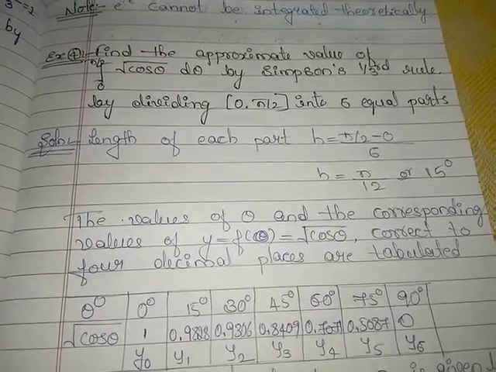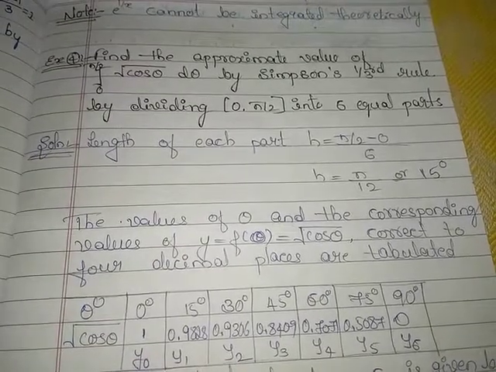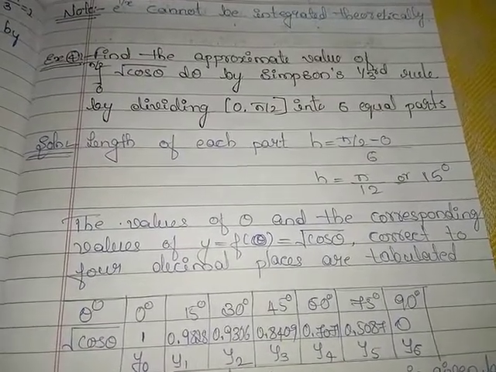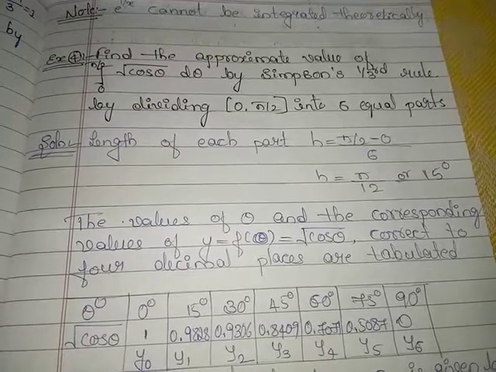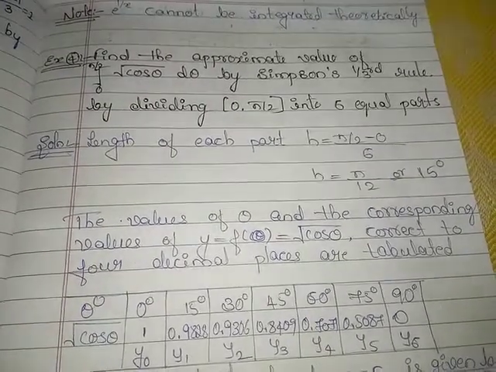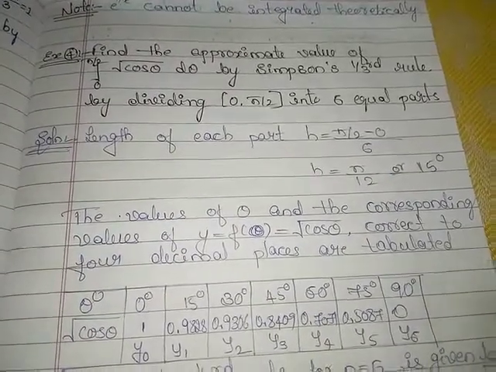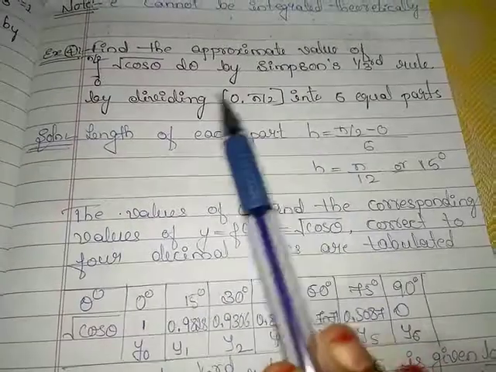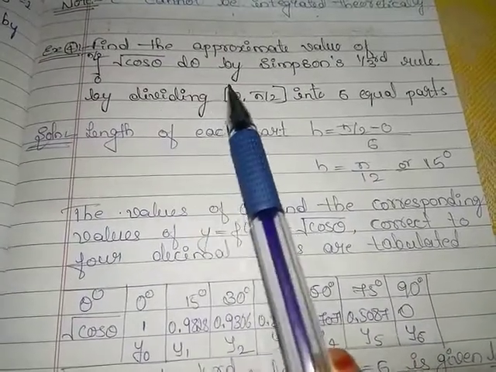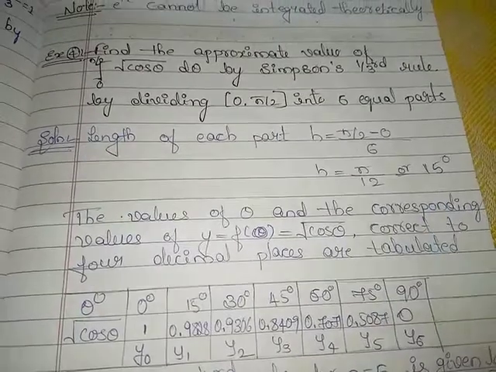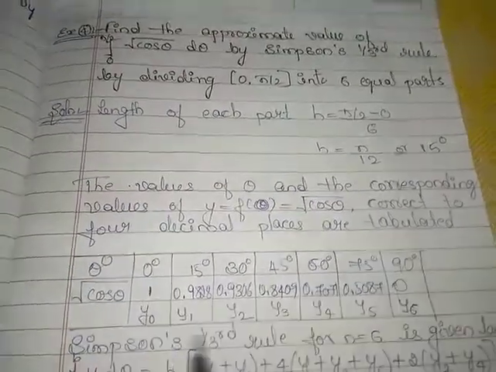First, before that we have to find the strip length. Each part h is equal to pi by 2 minus 0 divided by 6, it will be pi by 12 or 15 degree.